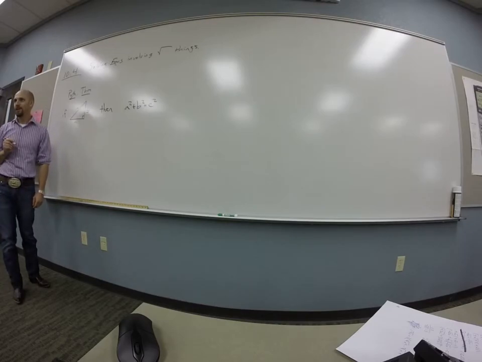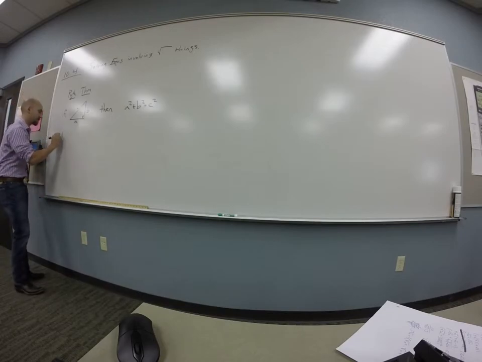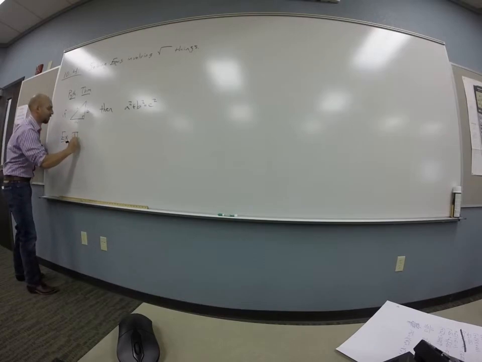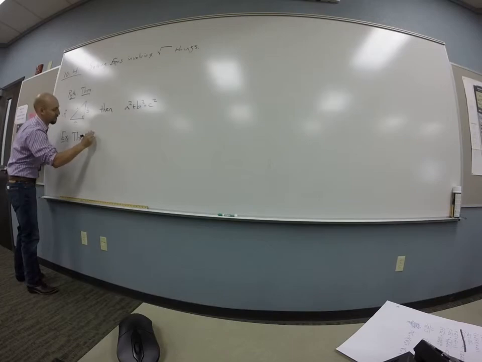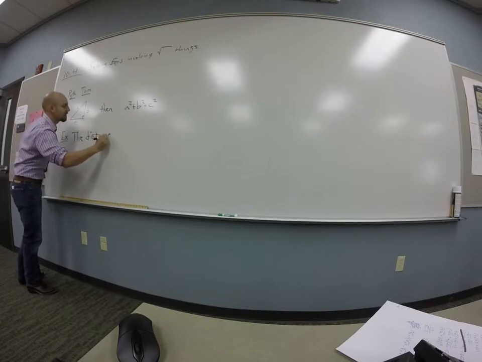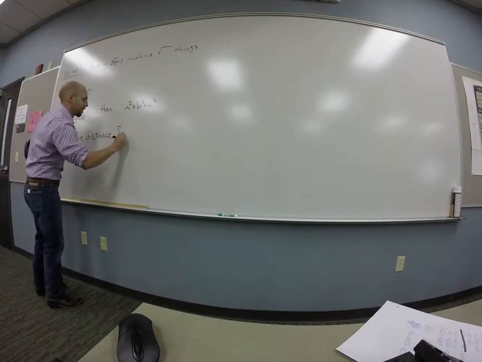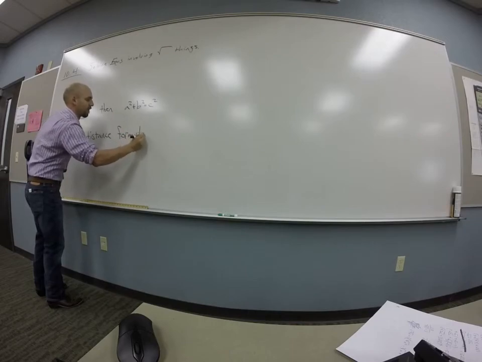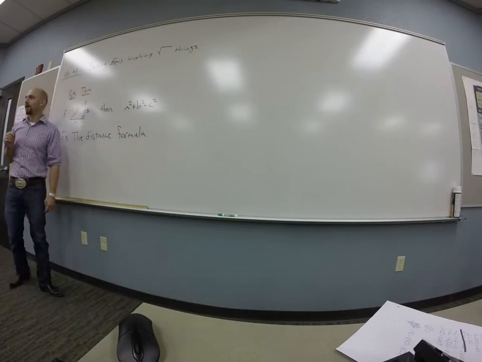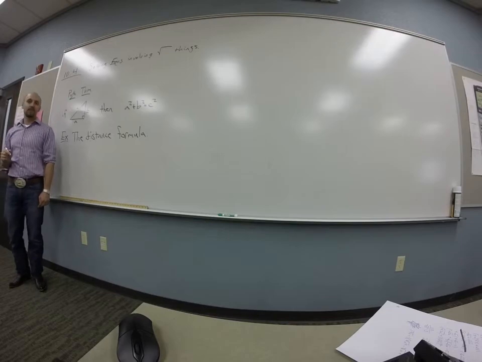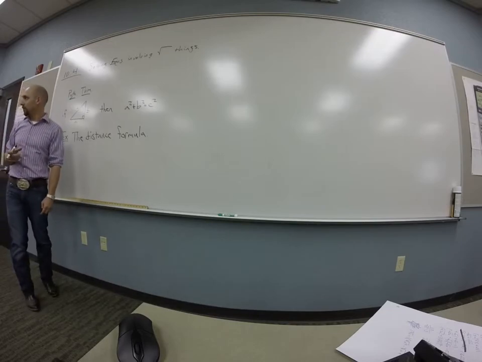You want to know a use of this thing? Besides triangles. Well, it's kind of triangles anyway. There's this thing called the distance formula. The distance formula takes a pair of points in the plane and tells you how far apart they are.